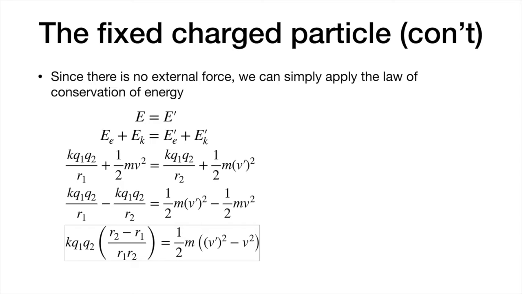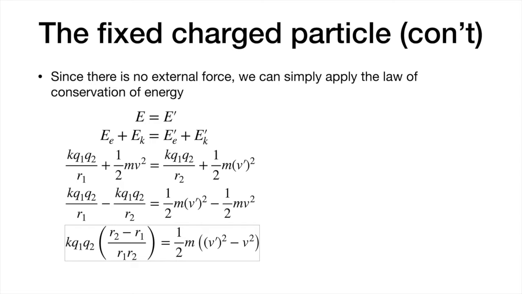At this point, you have some options as to what you might want to look for, but keep in mind that if I'm going to look for something, it's got to be something in this equation. I could look for, for example, the charge on one of the two charges, the moving one or the fixed one.